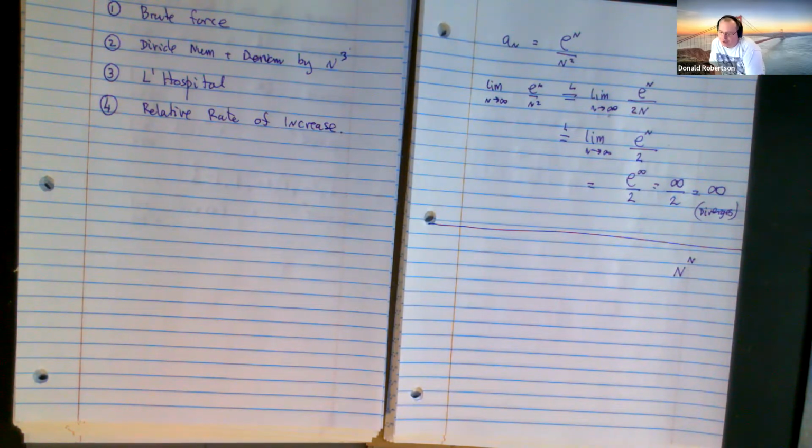Can you imagine how quickly that gets big? How quickly it becomes infinite? If n is just 100, not massive, it's 100 to the power of 100. That's got an awful lot of zeros. That is a huge number.